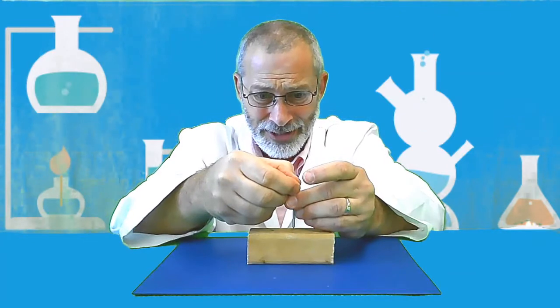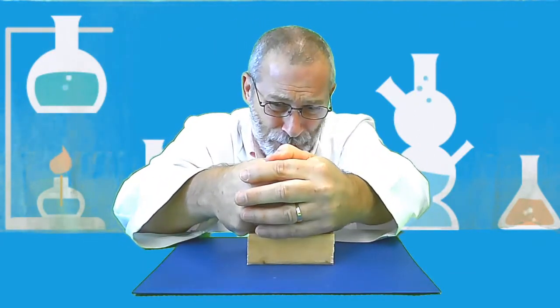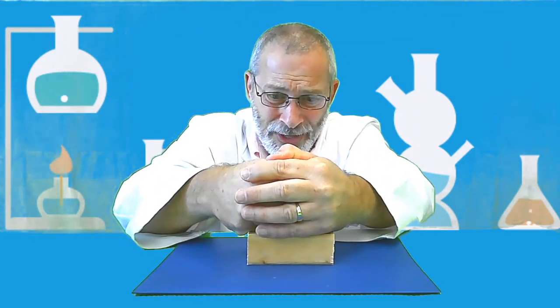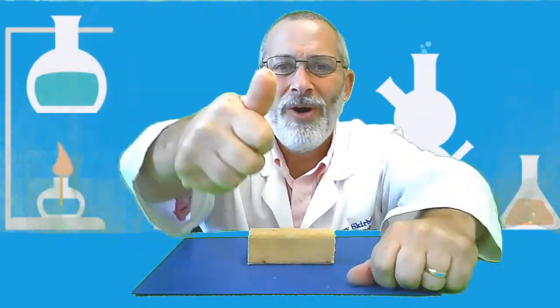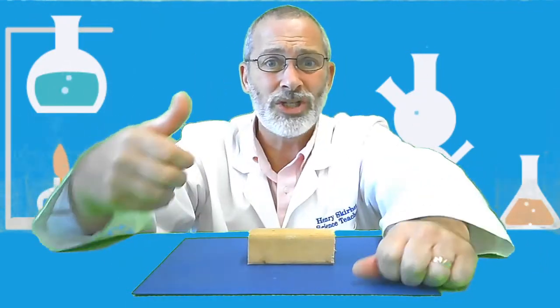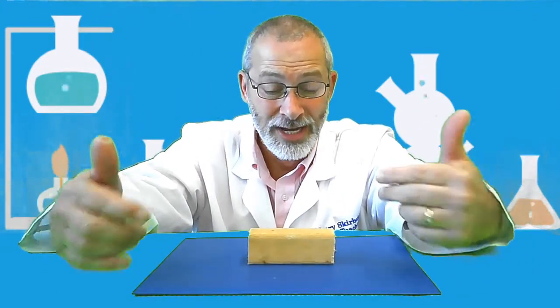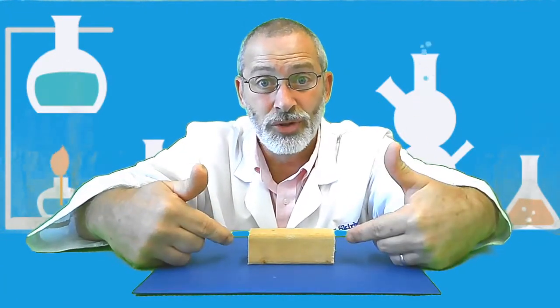I'm going to try one more time here. I'm going to push as hard as I can with my finger on this nail, but the nail doesn't stay, and all I get is a thumbprint on my thumb because I just can't apply a great enough force to get this nail into the wood.